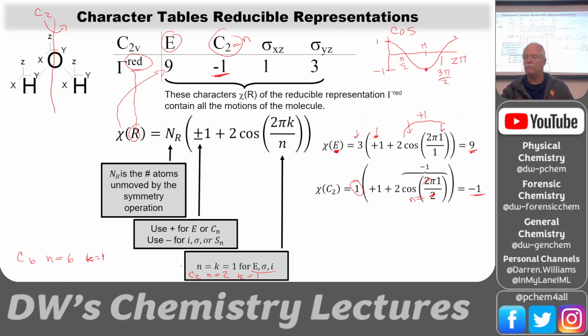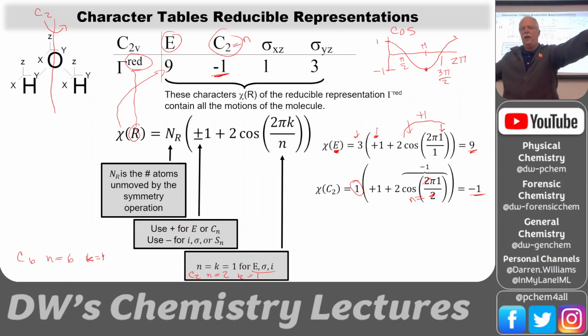You can look through the character table. Look at C3v, just the third one down. You have that C3, like think of ammonia.